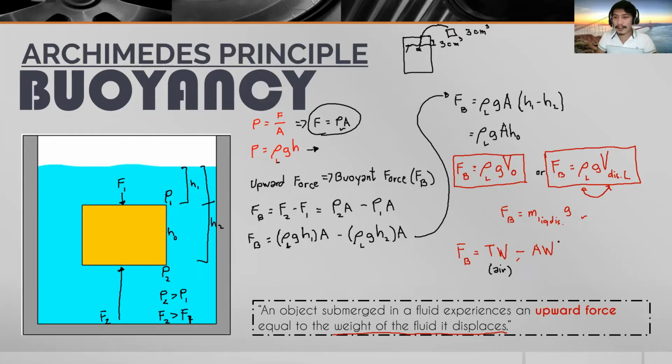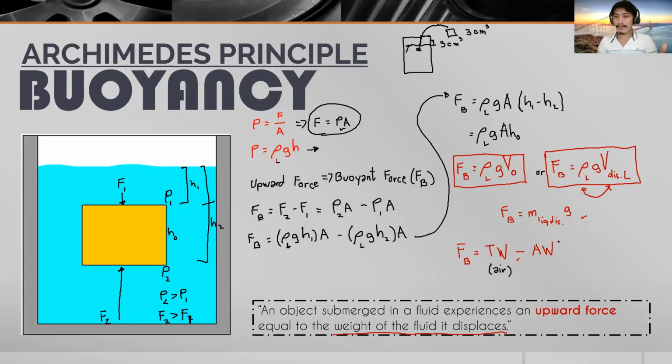Pag sinabi nating apparent weight, that's the weight of our object when it is immersed in a particular fluid. So for example, i-immerse ko itong object sa water, mapapansin mo na gagaan ang object because that fluid exerts an upward force. Ayun. So, di ba gumagaan siya?